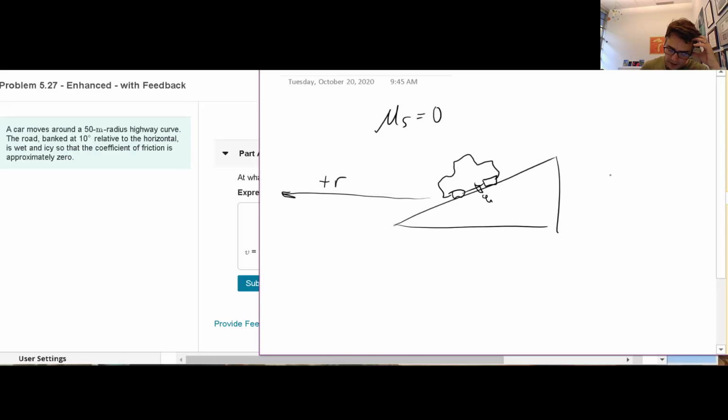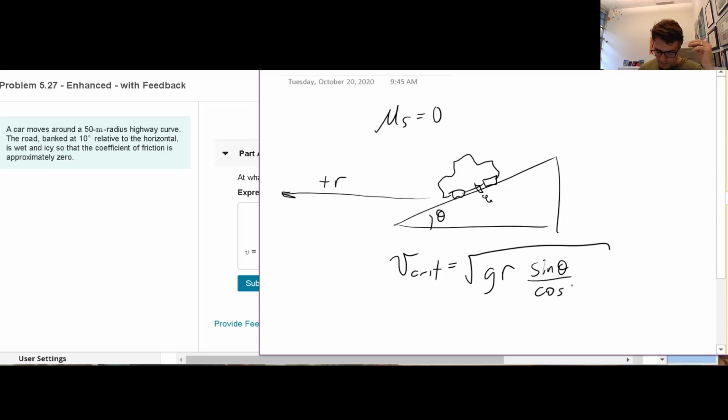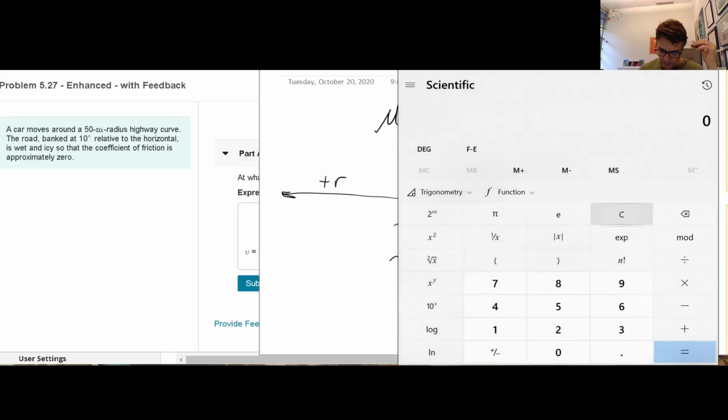What we found is that v critical was equal to the square root of g times r times sine theta divided by cosine theta. And so in our case, that's going to be 9.8 times 50 meters times sine of 10 divided by cosine of 10. So let's clear that out.